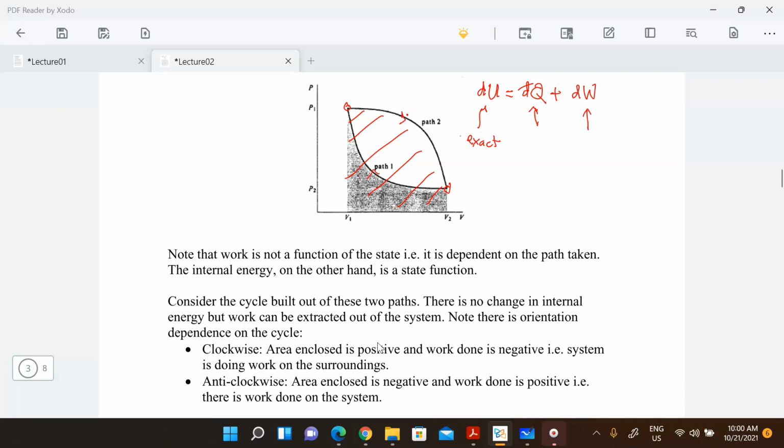So what actually happens, you take the area under the curve of path 2, and then it goes that way, the opposite way of path 1, right? So you have to minus away this path. That area minus this area, you get a positive area.